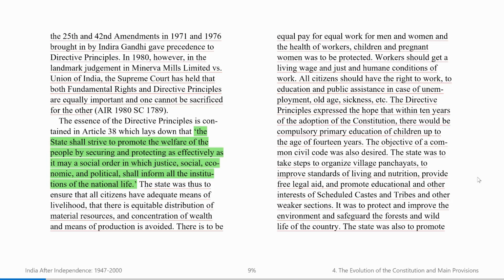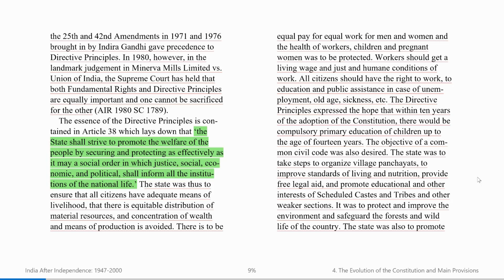The essence of DPSP, if you think about what a DPSP is, is that the state shall strive to promote the welfare of the people by securing and protecting as effectively as it may a social order where justice, social, economic, and political shall inform all institutions of life.